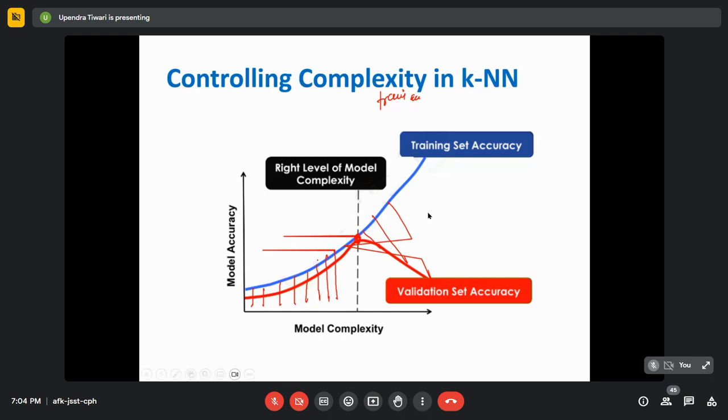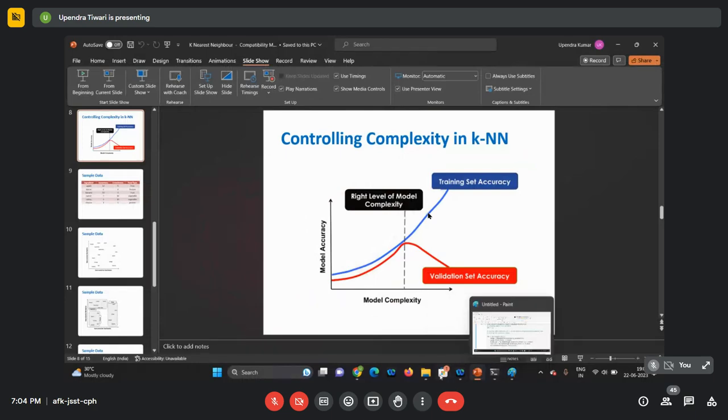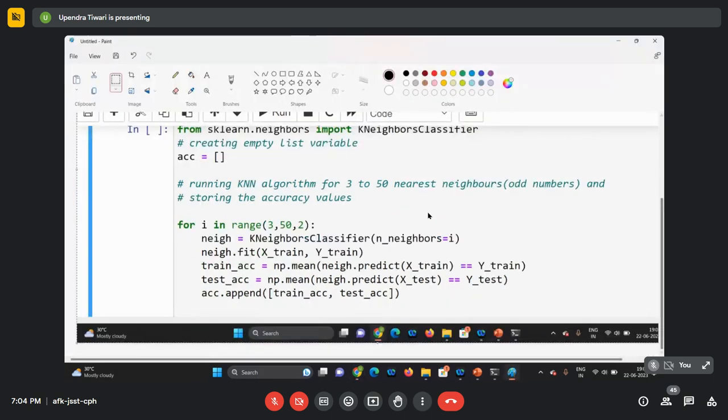And that is why you see here, we took this empty list ACC, and then here we are starting from 3.